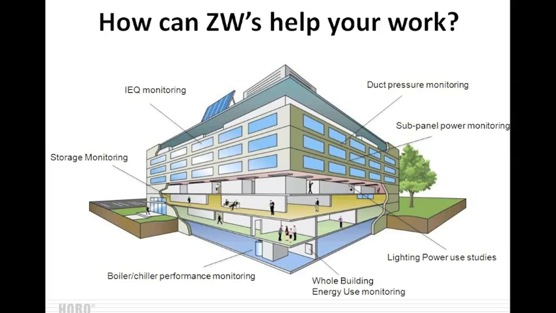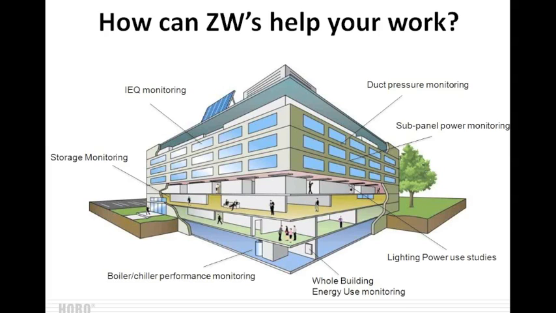We've had a lot of applications for whole building energy use monitoring, where you're applying a ZW node to monitor the kilowatt hours at a single central electrical panel in your building. But there's also a great application in sub-panel power monitoring, where you have critical pieces of process equipment or other types of sub-panels that you want to keep track of.